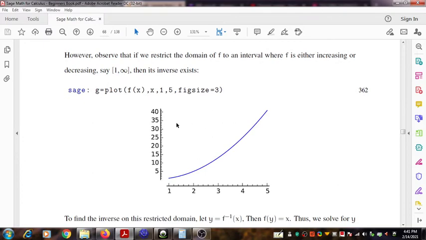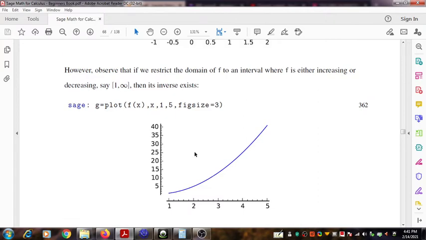But here we cannot see the plot for all x greater than 5, because we have limited the region of plot between x equal to 1 and 5.